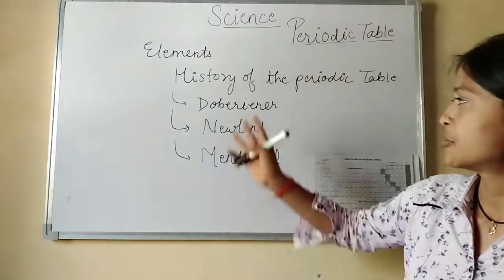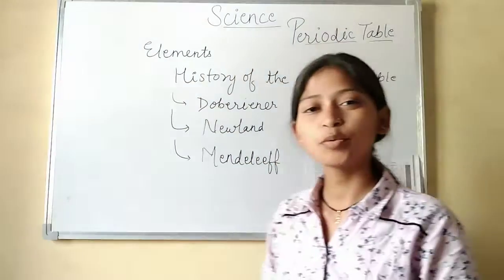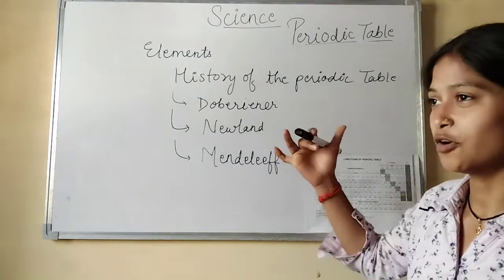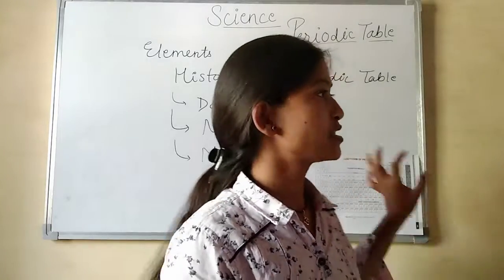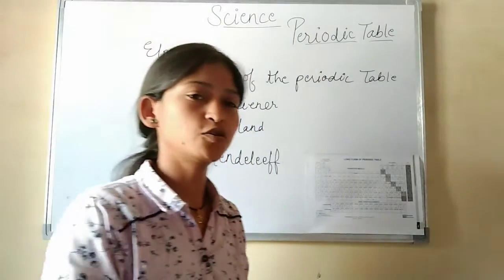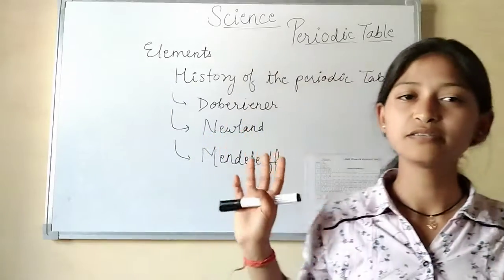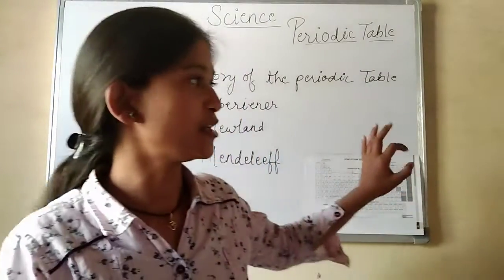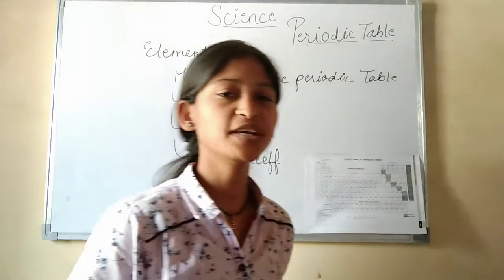First of all, Dobereiner. Dobereiner proposed a theory called the law of triads. He said that if we take the average of two elements, the first and third, the second element can be found out by their atomic mass, having similar properties.